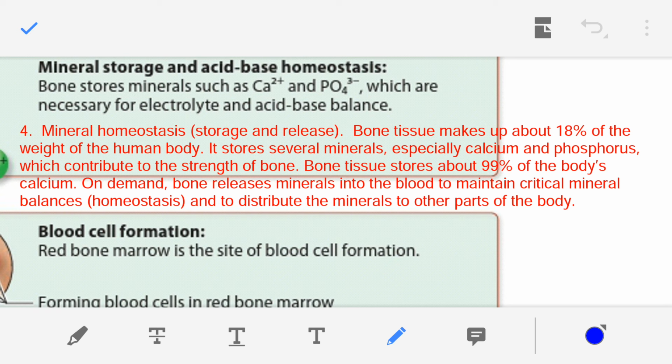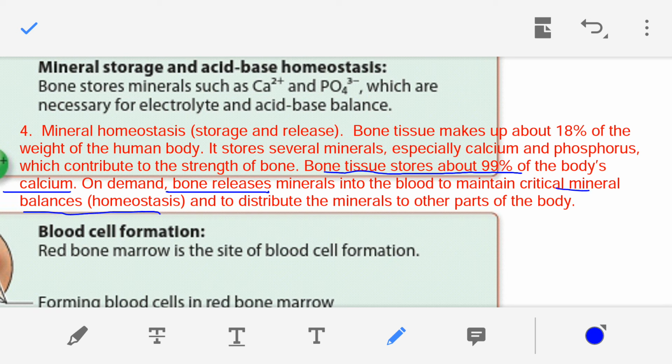Now, bone tissue stores about 99% of the body's calcium. And whenever there is a requirement of this mineral, for example, when there is a requirement of calcium or phosphorus, immediately the bone releases the calcium and phosphorus in the blood. By releasing this calcium and phosphorus, it maintains the homeostasis.